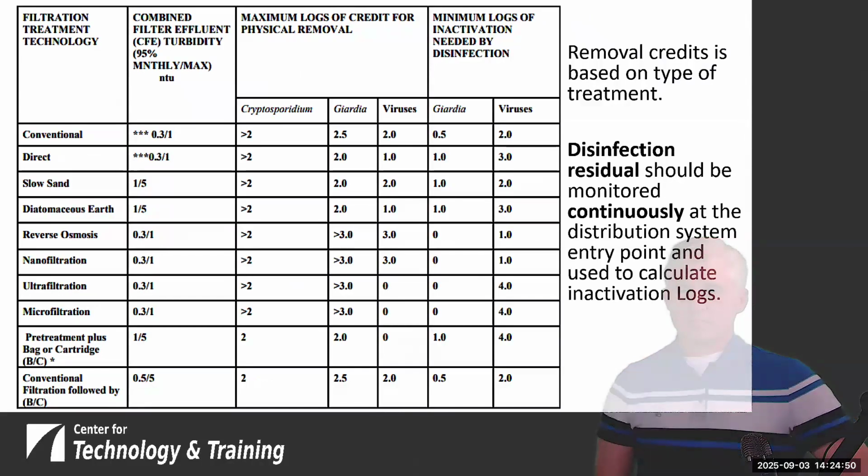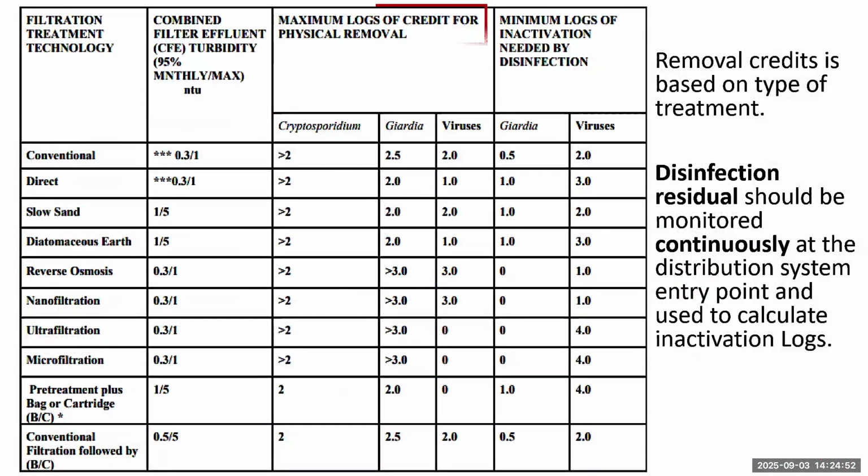So this chart shows the maximum log removals or credits that your regulating agency can give you depending on what type of treatment. As we noted, conventional and direct filtration are kind of the more common ones. We've got other ones here.